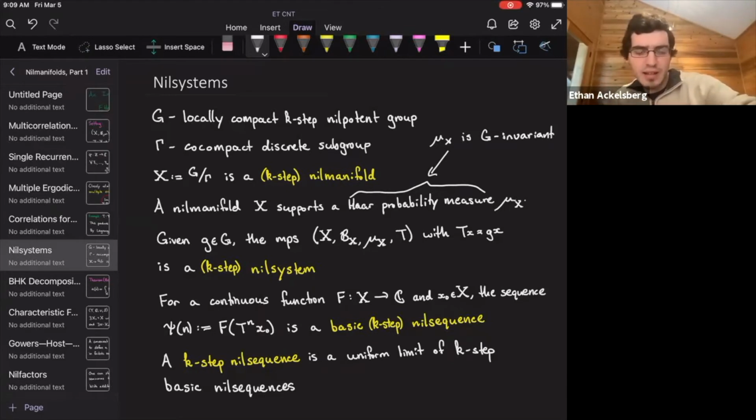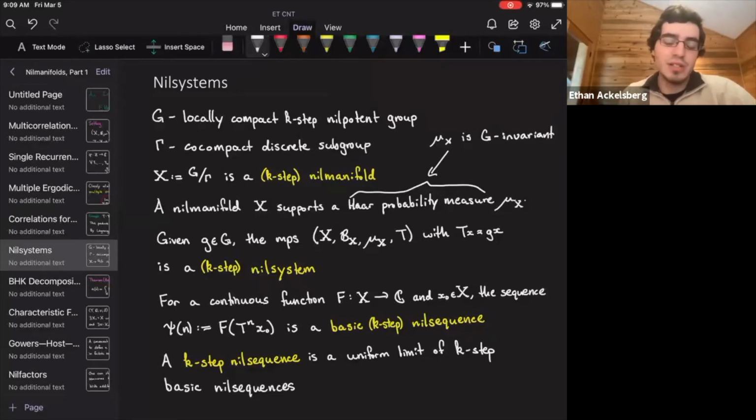So if we look at, I didn't write this down, one-step nilpotent groups, that just means you're an abelian group. And so we'd be looking here at a compact abelian group, which would be a one-step nilmanifold. So our Kronecker systems are one-step nil systems where we had a specific rotation.